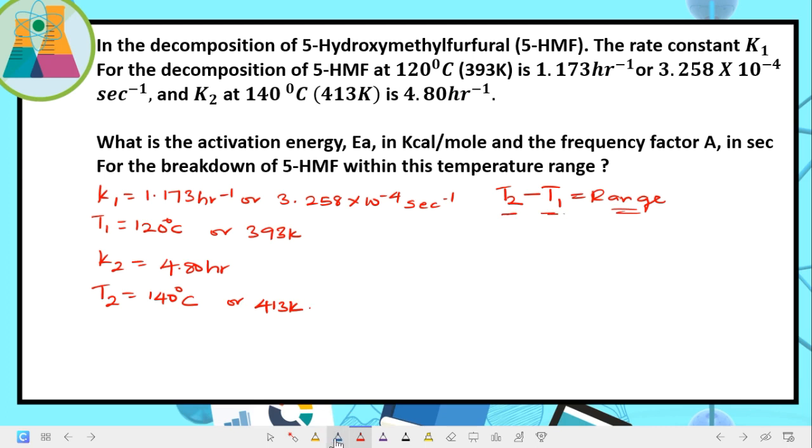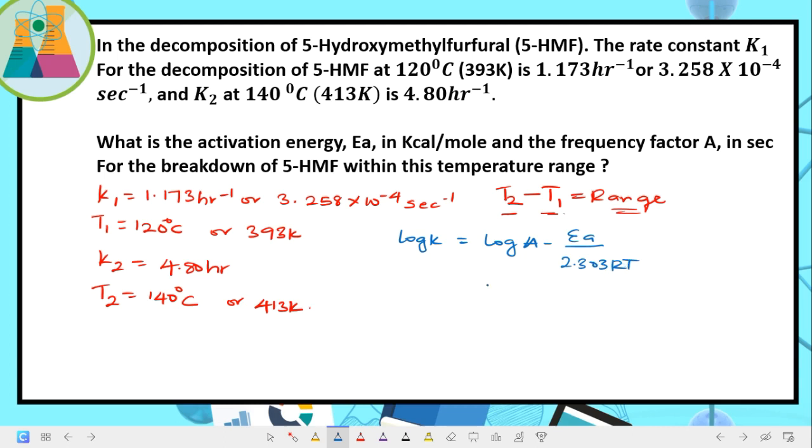The formula for the Arrhenius equation is log K equals log A minus EA all over 2.303 RT.